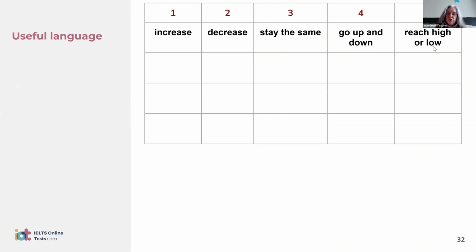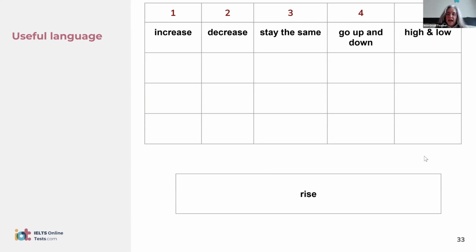So we're going to look at different words and phrases that you can use to talk about these different changes. So you're going to see the words, and you need to decide which column they should go into. So we've got the first one here, rise.